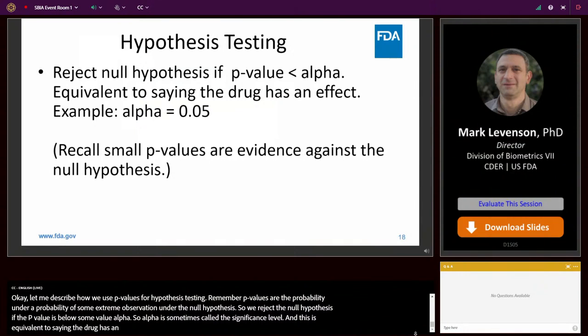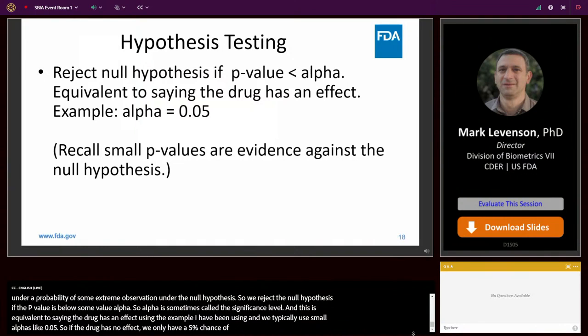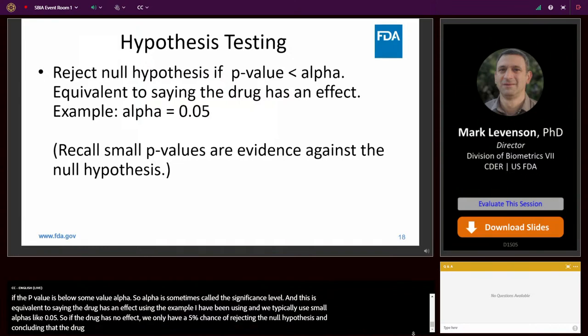And we typically use small alphas like 0.05. So if the drug has no effect, we only have a 5% chance of rejecting the null hypothesis and concluding the drug has an effect. So we're really limiting what I called type 1 error on the previous slide. So we typically use these small alphas.